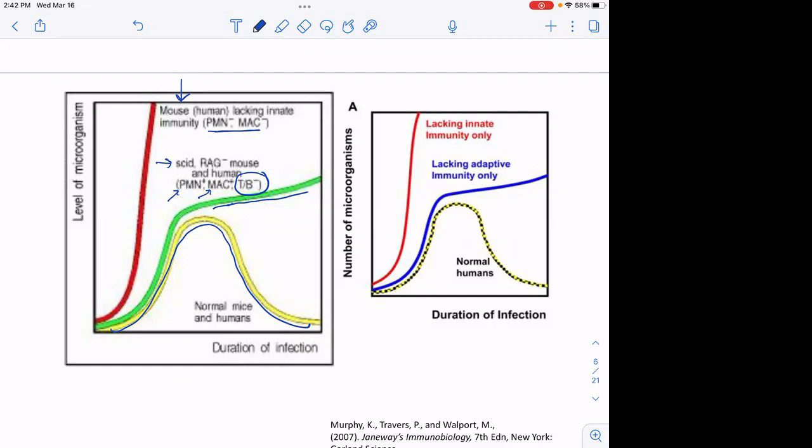It turns out the B cells and T cells need those macrophages and those PMNs to present antigen to them. So the adaptive immune cells really can't get kicked in without the innate immunity first.